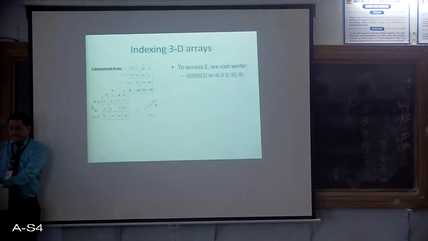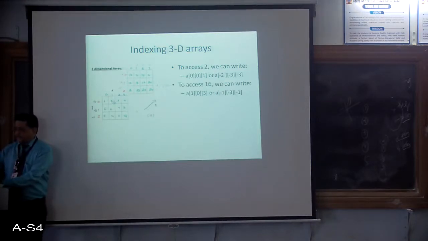Similarly, the columns are available at -4, -3, -2 and -1. So 0, 0, 1 is same as -2, -3, -3. -2 means the first 2D array, and -3 means the first row, and -3 means the second column, so I am referring to 2.